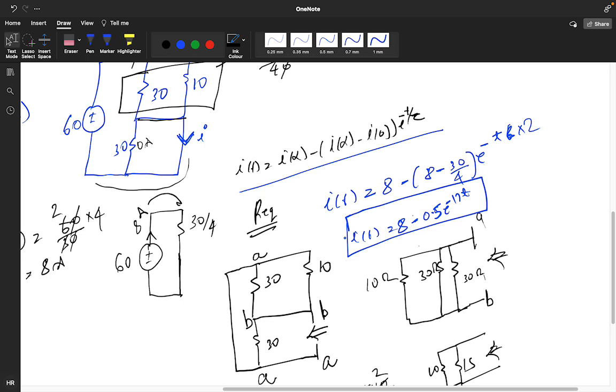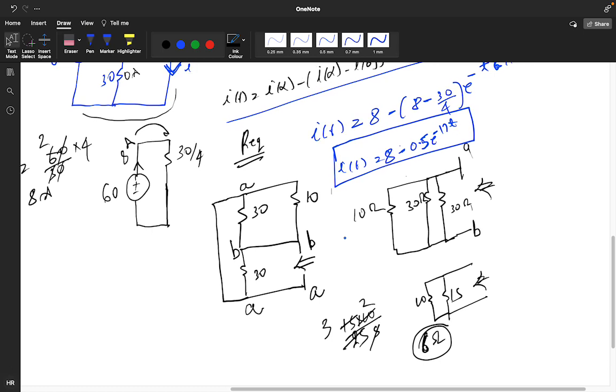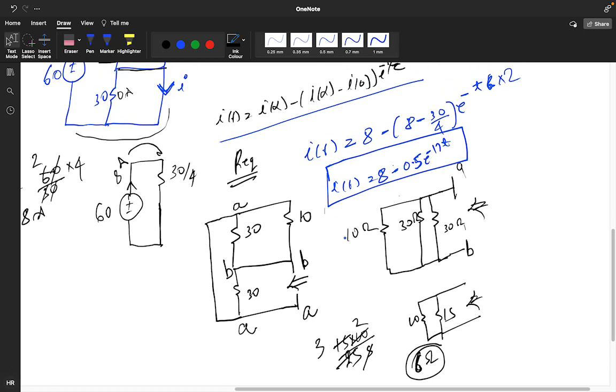So guys, we solved this particular question.